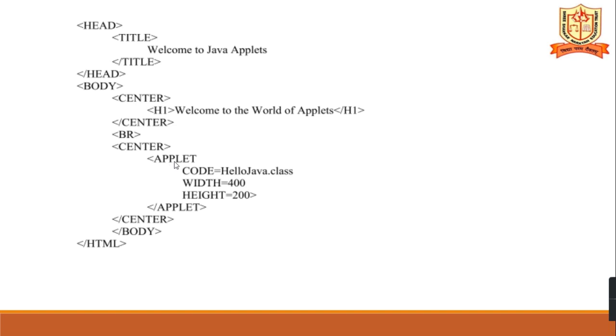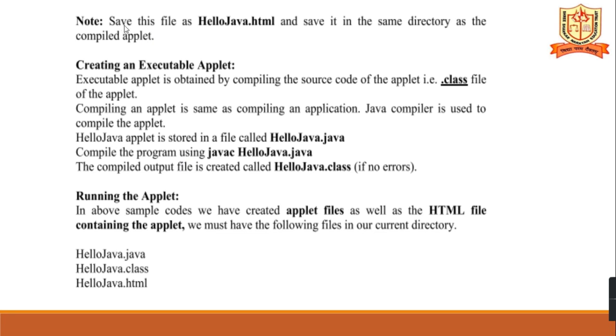The other way is that you directly add an applet tag in the applet only. So note that you save this file as hellojava.html in the same directory as the compiled applet. Creating an executable applet: an executable applet is obtained by compiling the source code of the applet, giving the .class file of the applet.